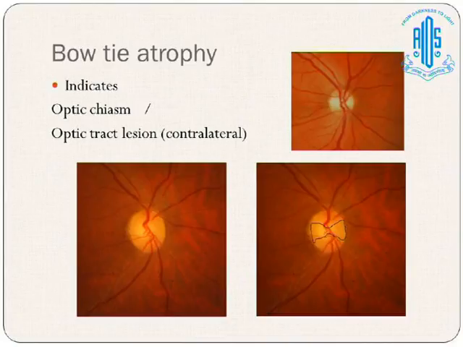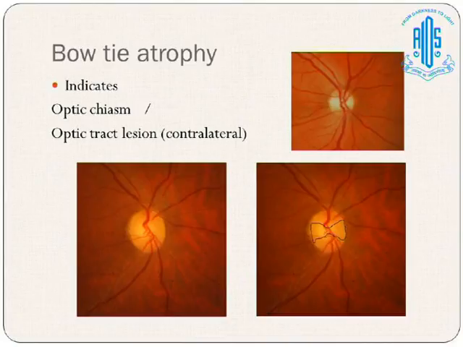So if you see a bow tie pattern in both eyes, it indicates an optic chiasm lesion, because if nasal fibers are lost, it will represent in the visual field as temporal visual field defects. If you see a bilateral bow tie pattern, then it is the optic chiasm.